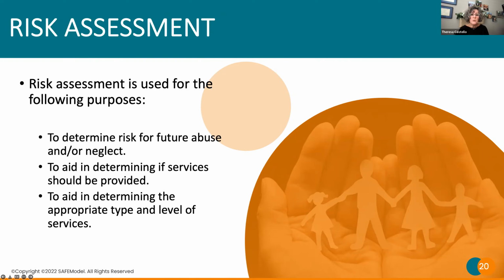And we also want to determine what services should be selected for this particular family, or provided or partnered with them, to determine what would be the best fit for them. We want to know not only what services, but what level and what frequency, and risk assessments can help us to determine that. So those are key pieces for why we would use a risk assessment.